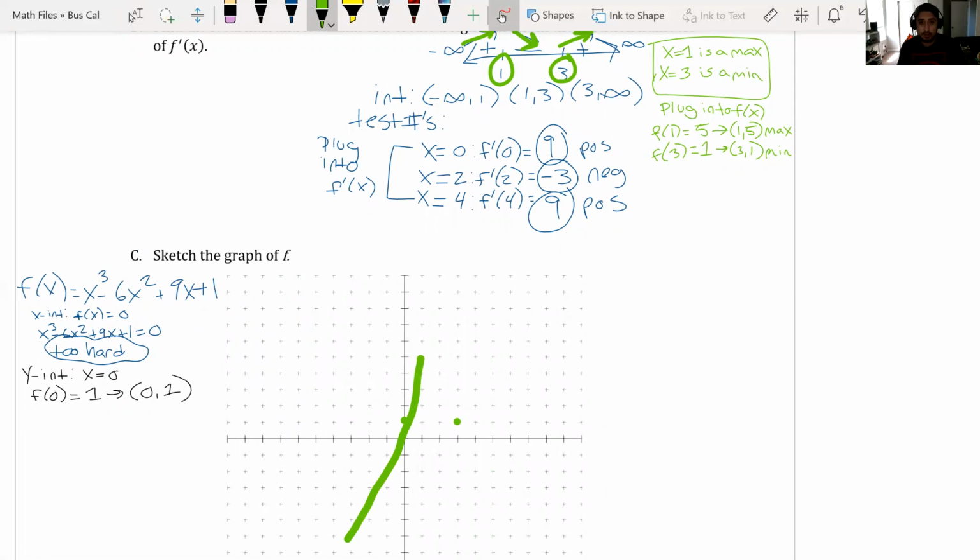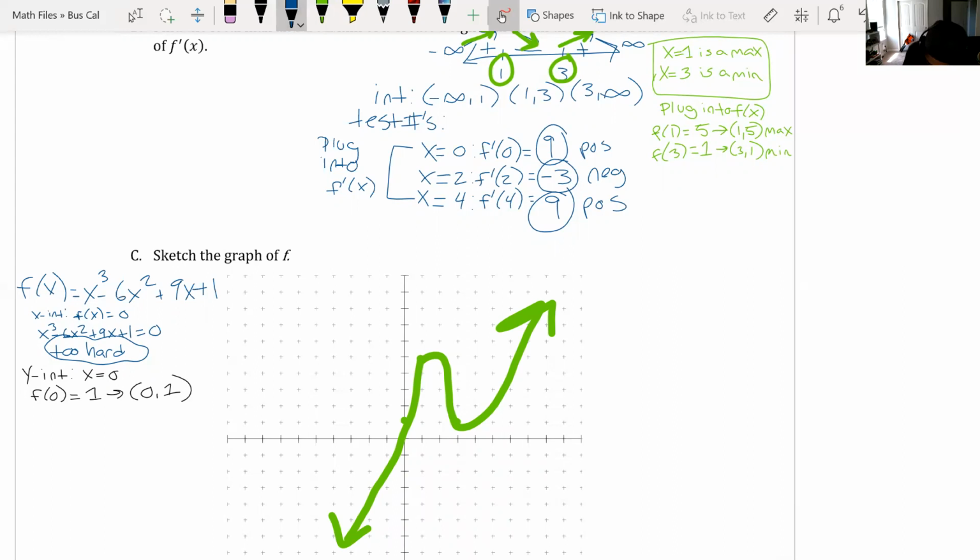And then from 1 to 3, we are going to decrease. And from 3 to infinity, the graph again is going to increase. So that is what we're looking at.